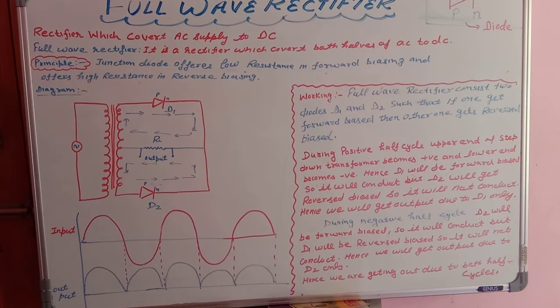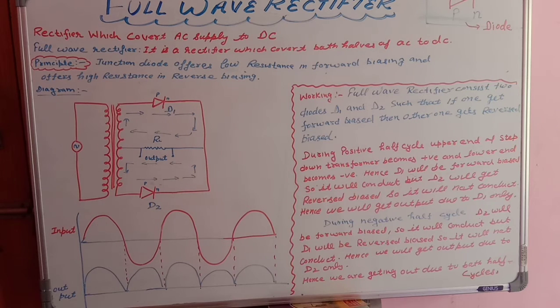The principle of the half wave rectifier and full wave rectifier is the same. A junction diode offers low resistance in forward biasing and it offers high resistance in reverse biasing. That means whenever your diode is forward biased, the resistance will be low. I hope you understood the meaning of low resistance.